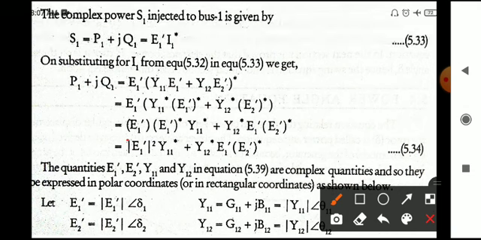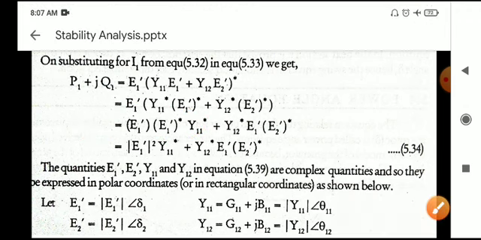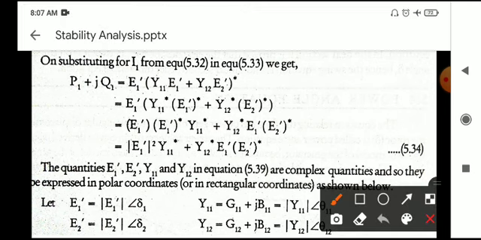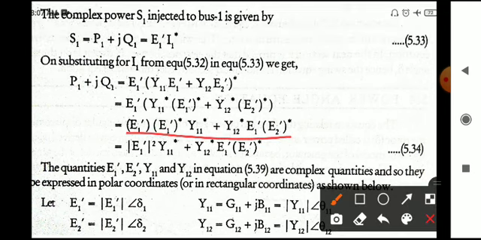Okay, E1' and E1' conjugate are written nearby: E1' into E1' conjugate into Y11 conjugate plus Y12 conjugate into E1' into E2' conjugate. From this equation we can simply write the magnitude.